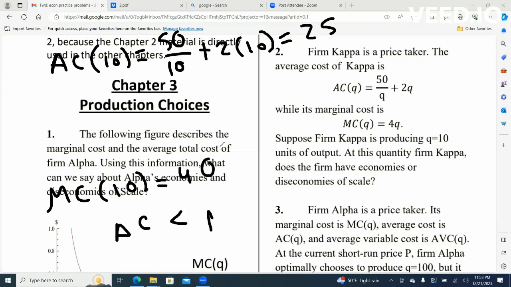AC is less than MC. Therefore, diseconomies of scale. So we're just plugging in and we show the fact that the AC is less than the MC, therefore we must be demonstrating diseconomies of scale. That's just the first two. There's 15 problems. We continue on in a minute here with number 3.